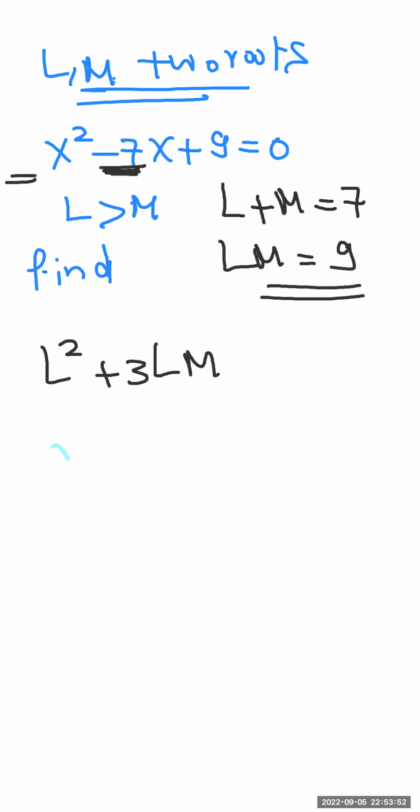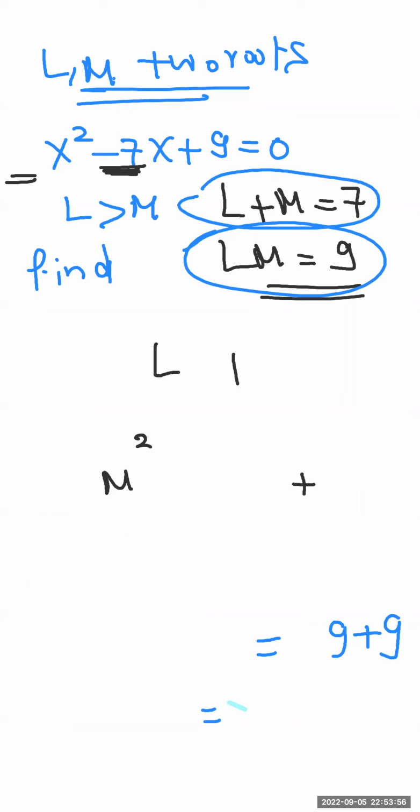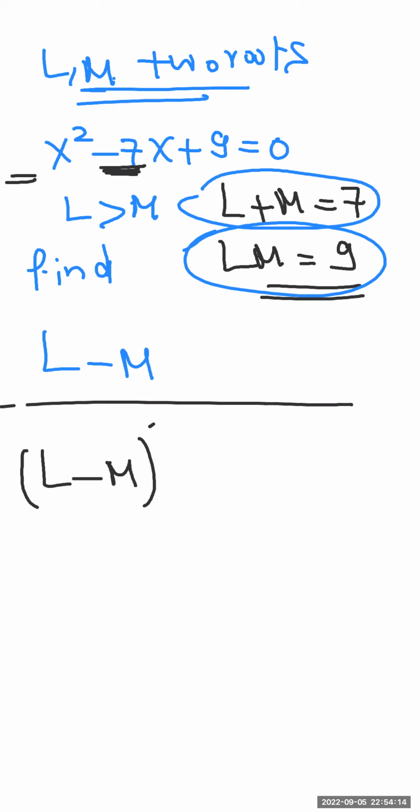One second, I'll clear this part from the board. Okay. Then we want to get L minus M. There is one rule: L minus M all to the power 2. So I can use this rule, then get the square root of the result, correct?